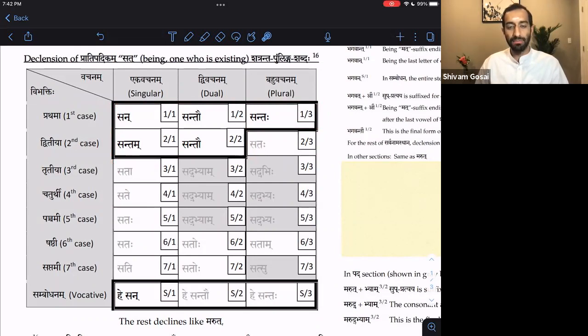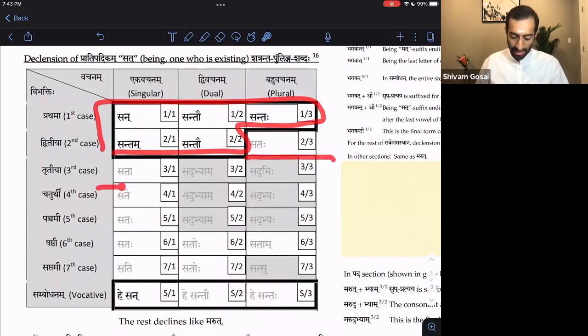That's why we get Bhagavan, Bhagavanto, Bhagavantaha. But the word is Bhagavat, right? We add this nakara in this section. Okay, so that's why you see Santo, Santaha, Santam, Santo. One is just sun, and we'll see why in a moment, but let's just take it as sun. Okay. Now, if we know sun, and in this section we add the nasal, and then in the rest we don't add the nakara.